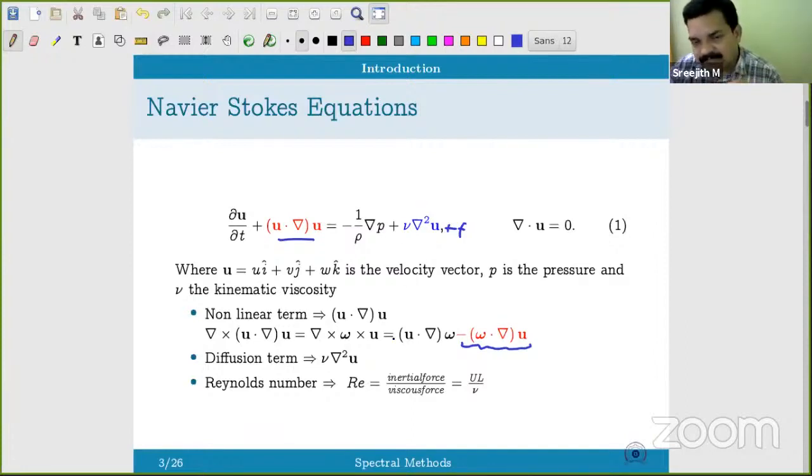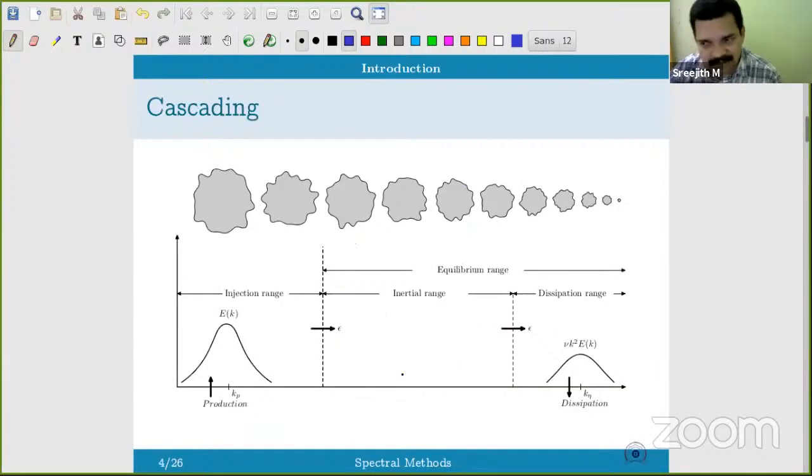We can characterize the flow using the Reynolds number, which is the ratio of inertial force to viscous force. Based on the Reynolds number, we can characterize the flow as laminar or turbulent. In turbulent flow, we have different sized eddies: large eddies of the size of the domain, and the smallest eddies, of molecular size, where diffusion is predominant.